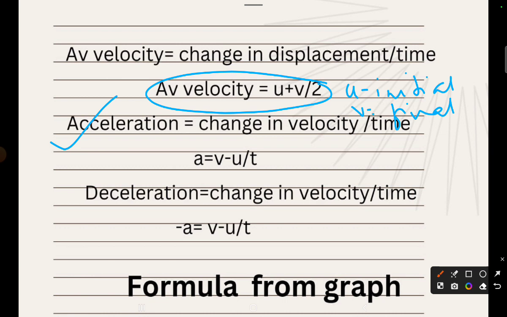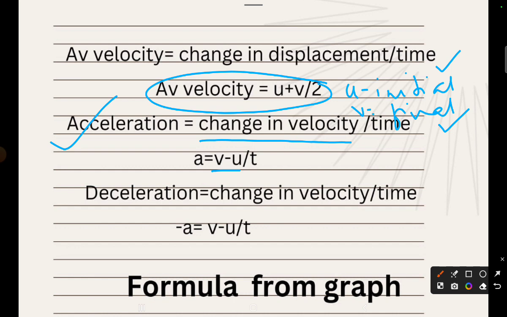Another topic is acceleration. When it is uniform acceleration, we find it by change in velocity divided by time. Change in velocity is v minus u upon t. Two types of velocities are there, initial velocity and final velocity.